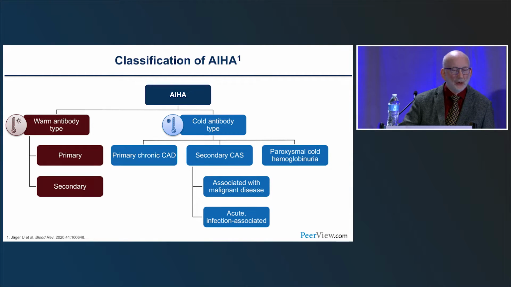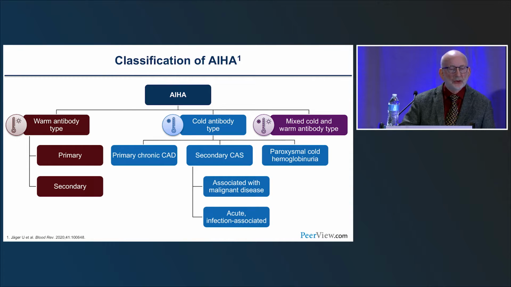And then we have the very, very rare paroxysmal cold hemoglobinuria. And there are also mixed warm and cold autoimmune hemolytic anemias. The frequency is somewhat controversial because it depends on the definition and which criteria you choose to call it mixed.